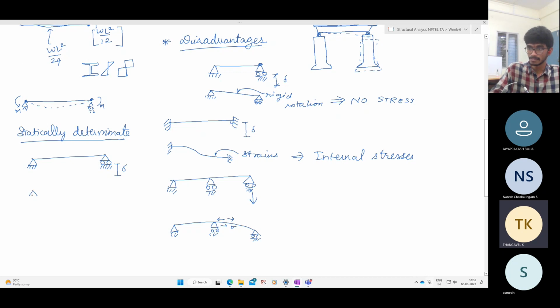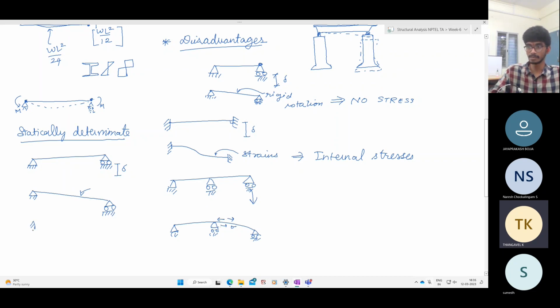In that case, what happens? The beam just rotates. As it rotates rigidly, it does not generate any internal stresses, because rigid motion does not induce any strains.